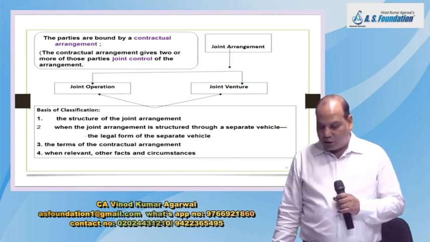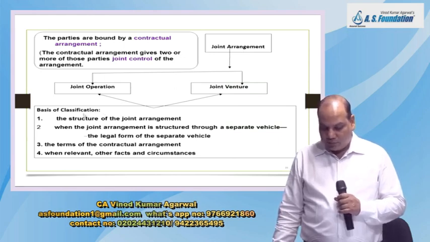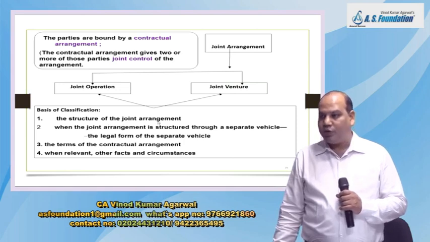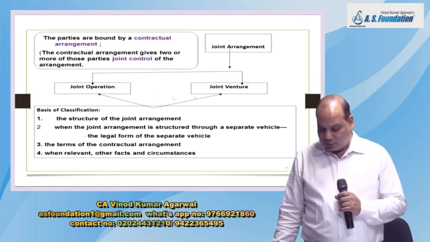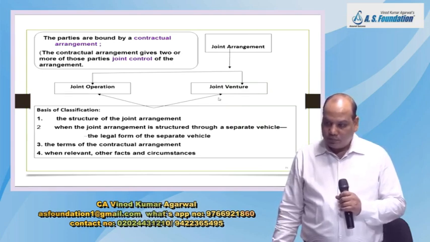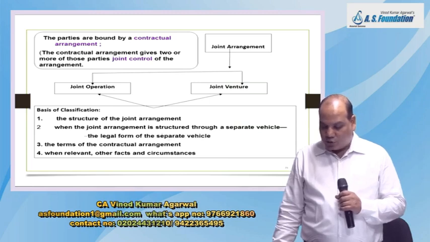When you are practically evaluating a joint arrangement, one has to see the structure of the joint arrangement, how it is created. If it is created through a separate vehicle, most probably it will be a joint venture. And if there is no separate vehicle, it is always a joint operation.